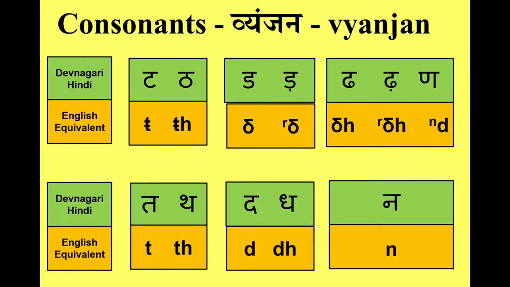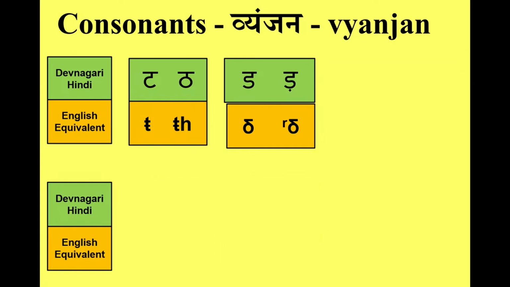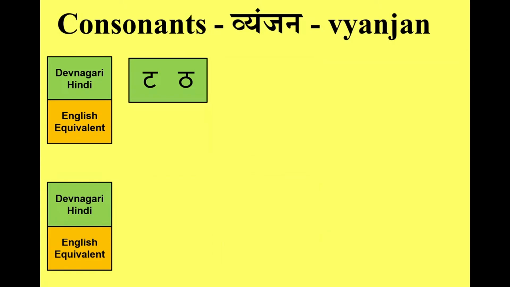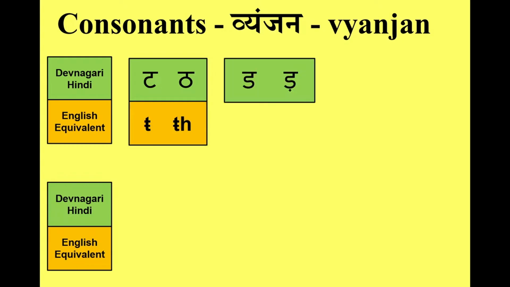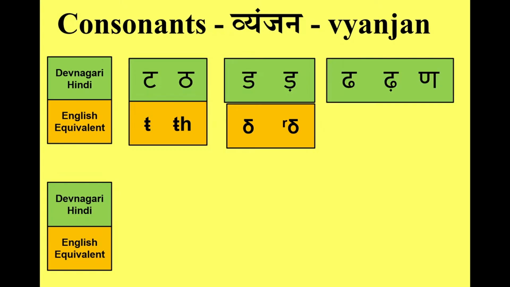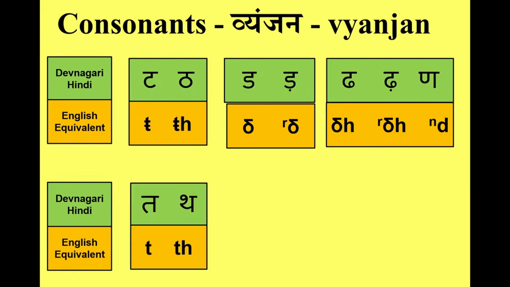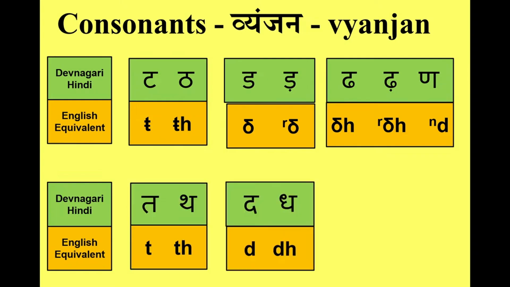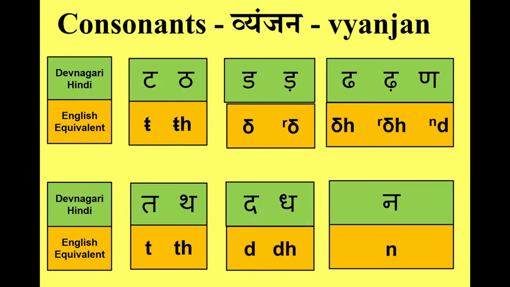Okay, I want you to repeat this slide with me because this is a difficult set of sounds. Ta, tha, da, dha, na. Ta, tha, da, dha, na. Now let's do a comparison from top and bottom.